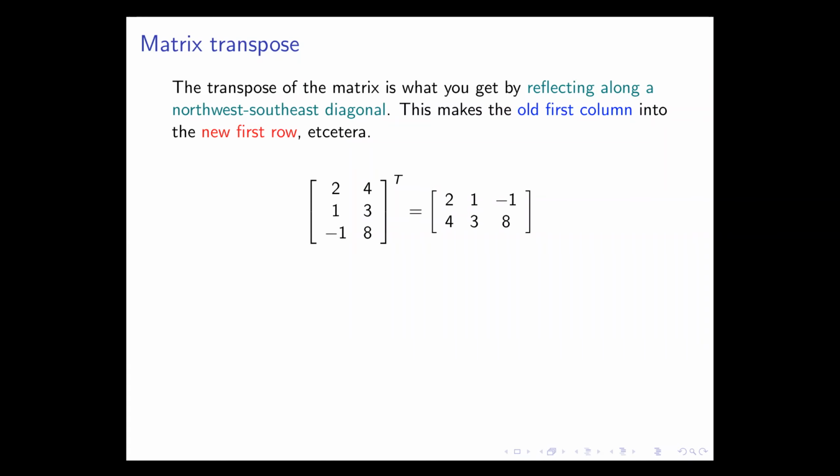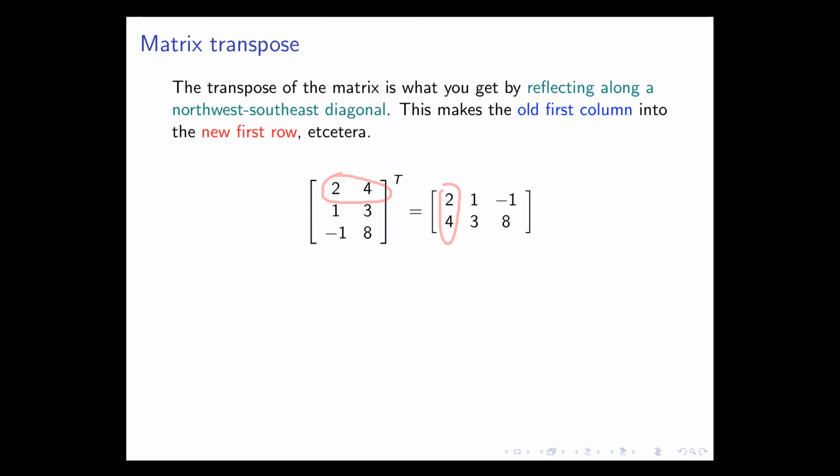We have a diagonal like that, and after reflection, the row becomes column and the column becomes row. So the 2, 4 was the first row, now it becomes the first column, and so on.